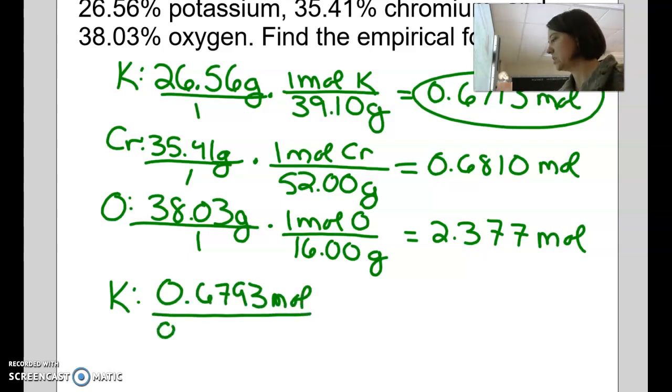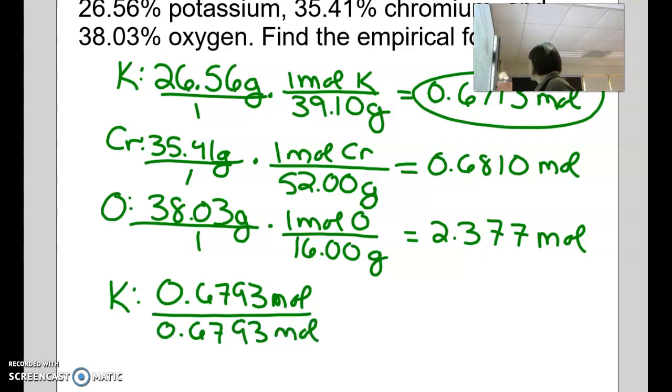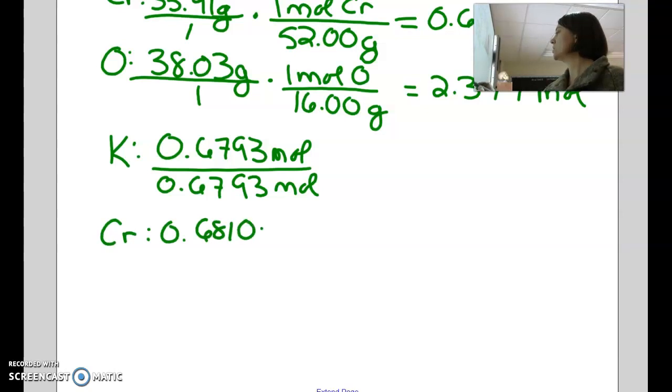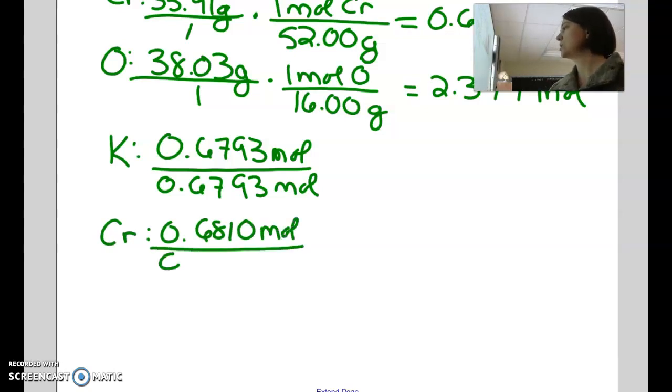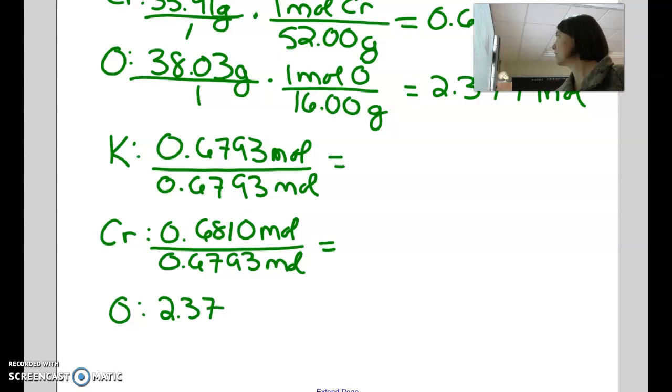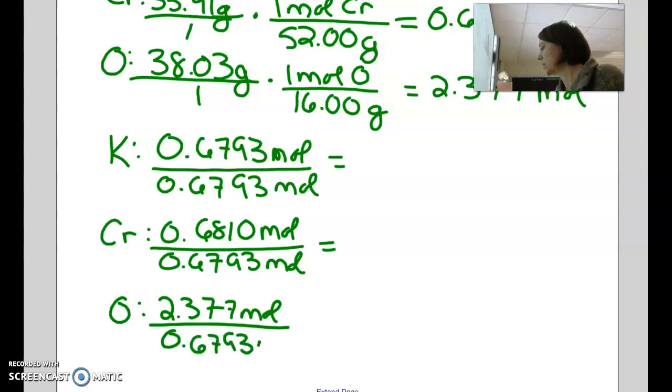Well, that one's going to be easy. And then chromium is 0.6810 moles over 0.6793 moles. And oxygen is going to be 2.377 moles over 0.6793 moles.